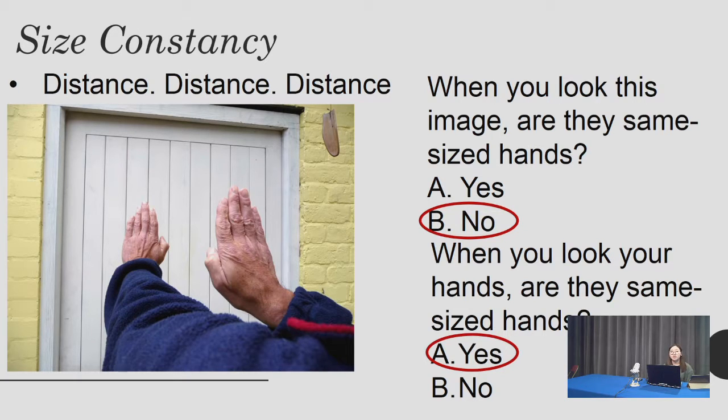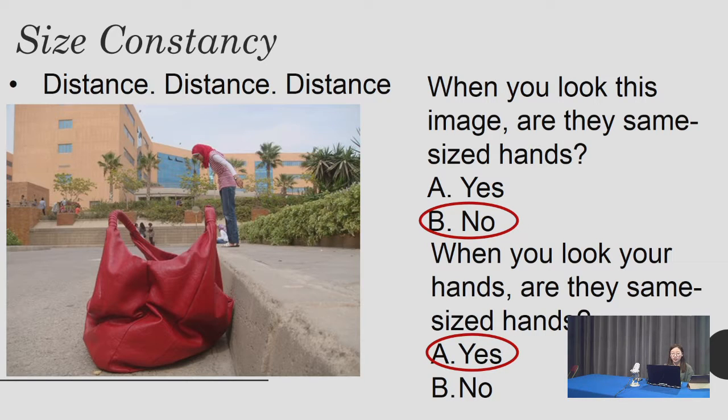Size constancy is about when you separate 2 or more objects by a constant distance, their apparent size will change, but obviously they still remain the same. And when you know this principle, you can also play around, like shooting interesting photographs, like a teeny tiny girl with a larger bag.